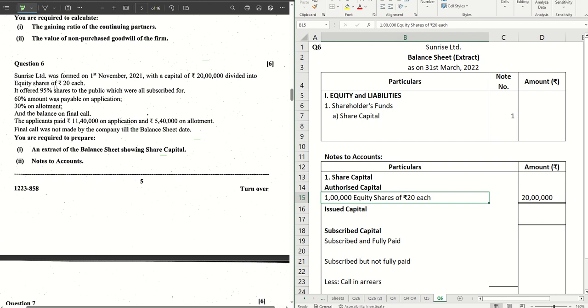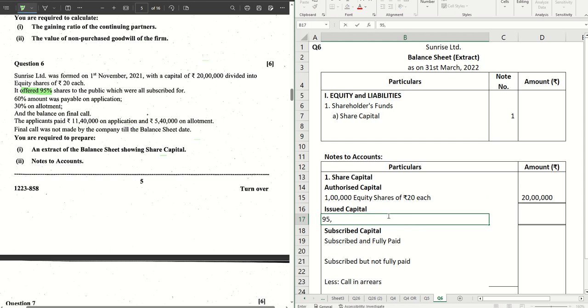So authorized capital is done. Let's move on to the next part of the question. It offered 95% to the public, which were all subscribed for. So this is my issued capital. 95% of 1 lakh is 95,000. So 95,000 equity shares of rupees 20 each.